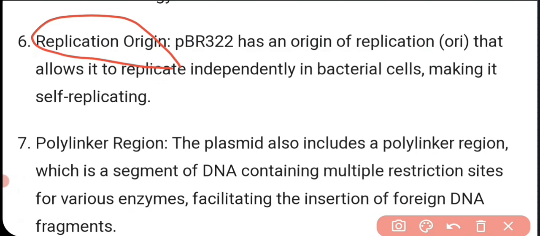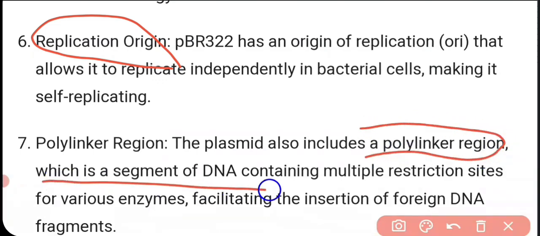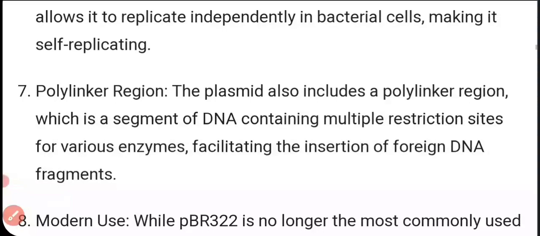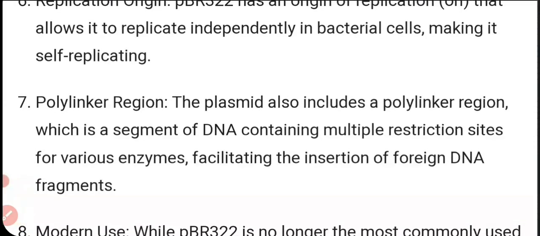Then a polylinker region is also there. The plasmid includes a polylinker region, which is a DNA segment containing multiple restriction sites for various enzymes, facilitating the insertion of foreign DNA fragments. So in this polylinker region, we can insert other genes. All these facilities are present in pBR322.